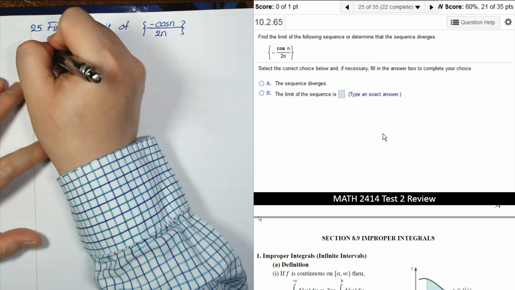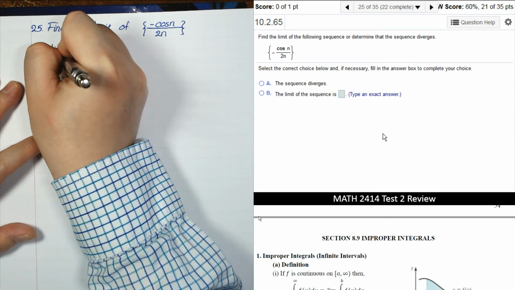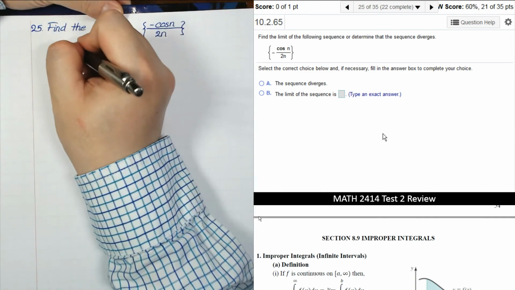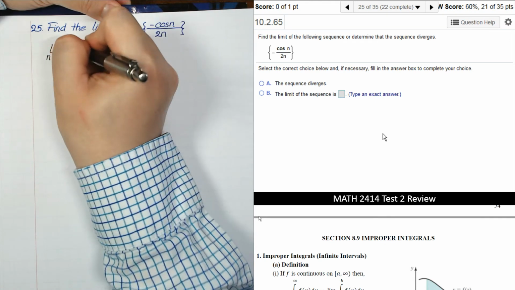Right, so what happens when n goes to infinity of negative cosine of n over 2n?